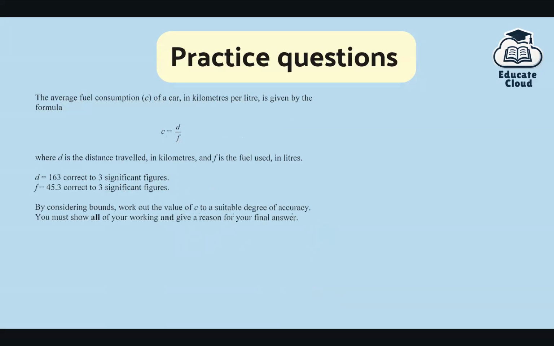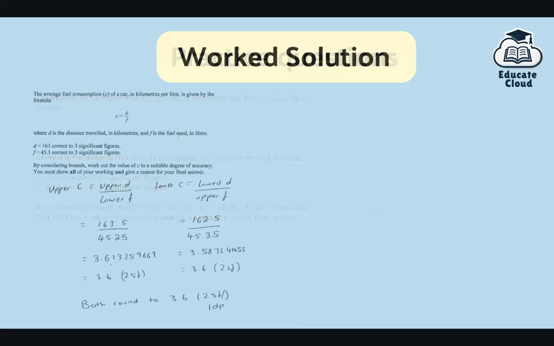Now pause the video and have a go at this. This is a very similar example to the one that we did with the spaghetti, but here it's distance over the fuel used. You want to work out the value of C to a suitable degree of accuracy. Here you're not really asked to find upper and lower bounds as such, so this question can be a bit trickier.